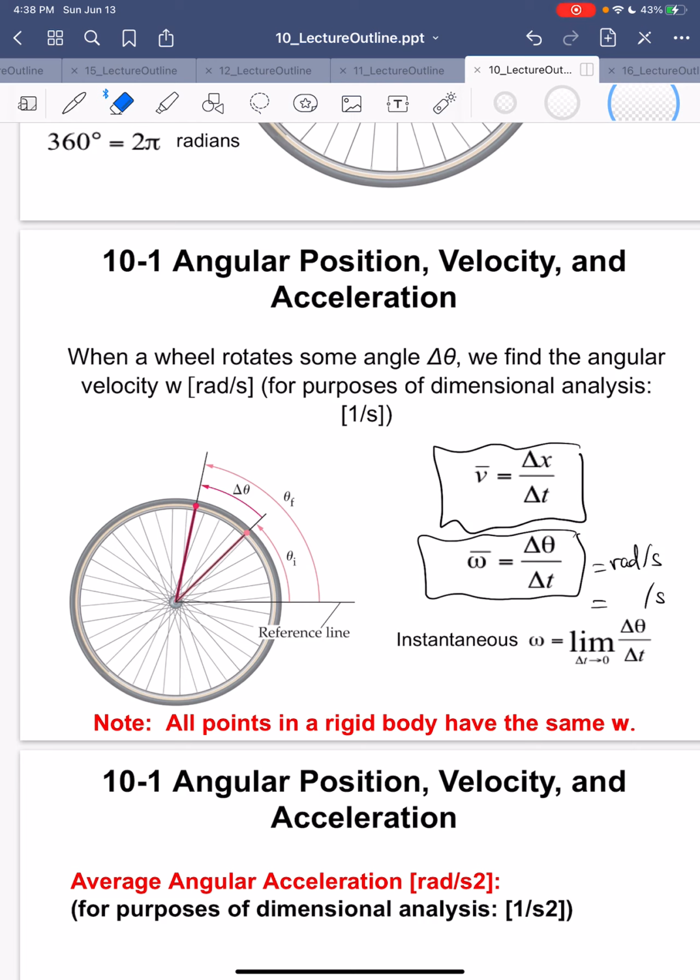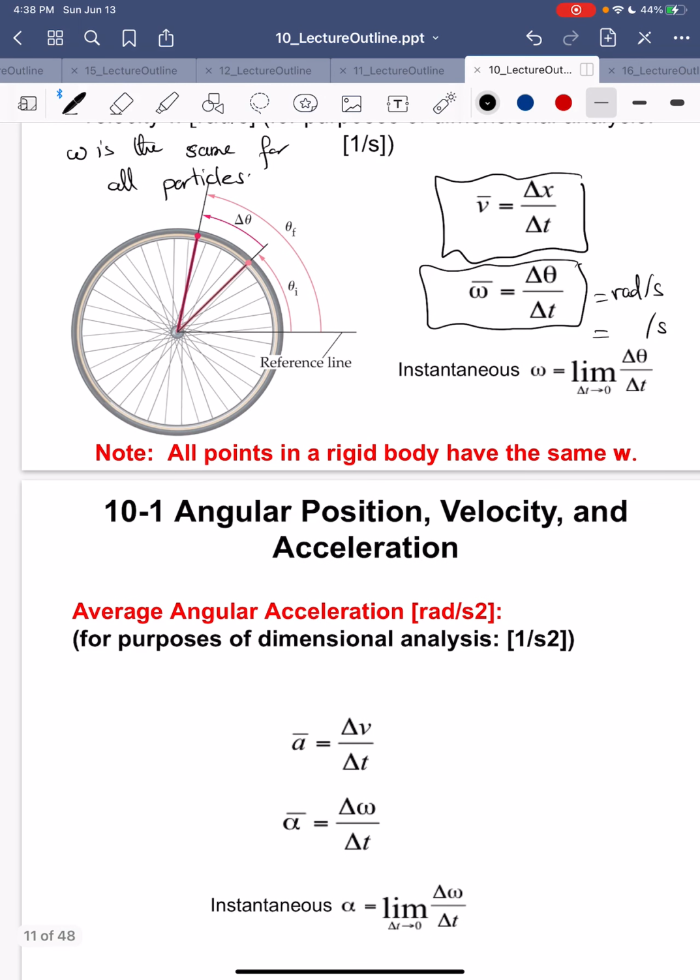One thing that we need to know is that since we are considering rigid objects, omega is the same for all particles, regardless of where they are sitting.